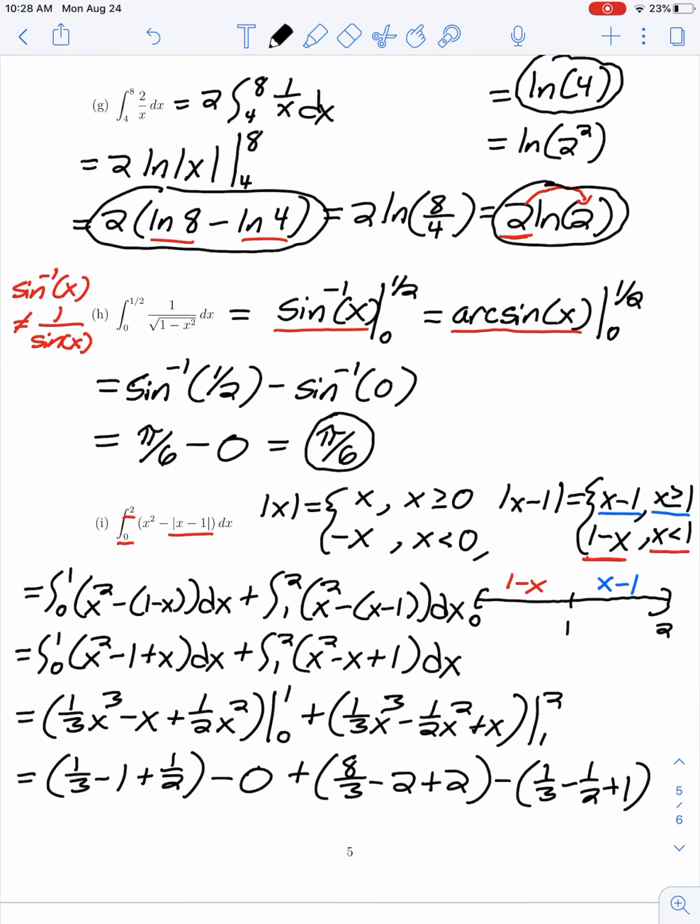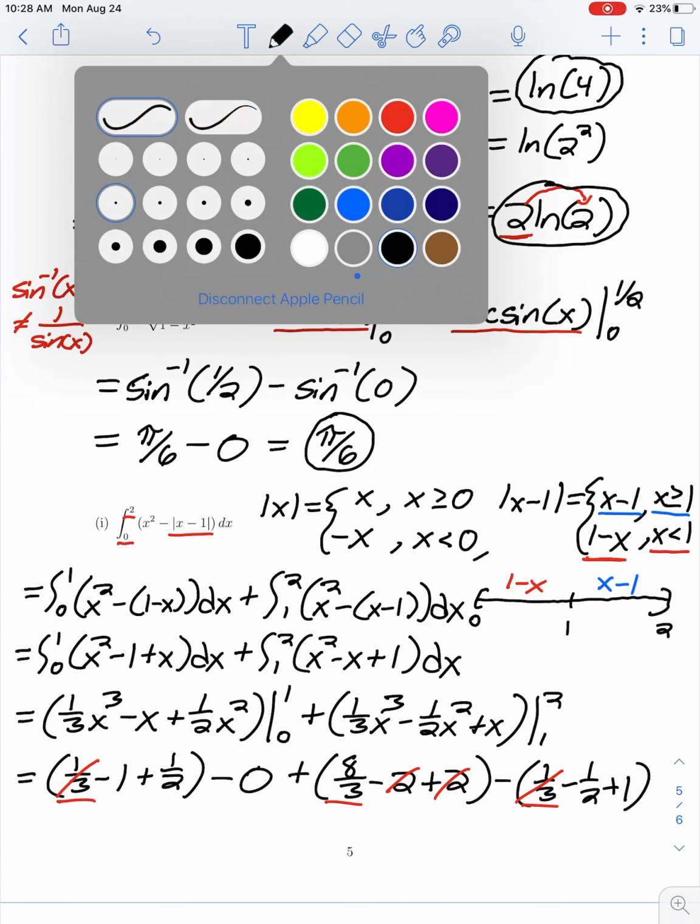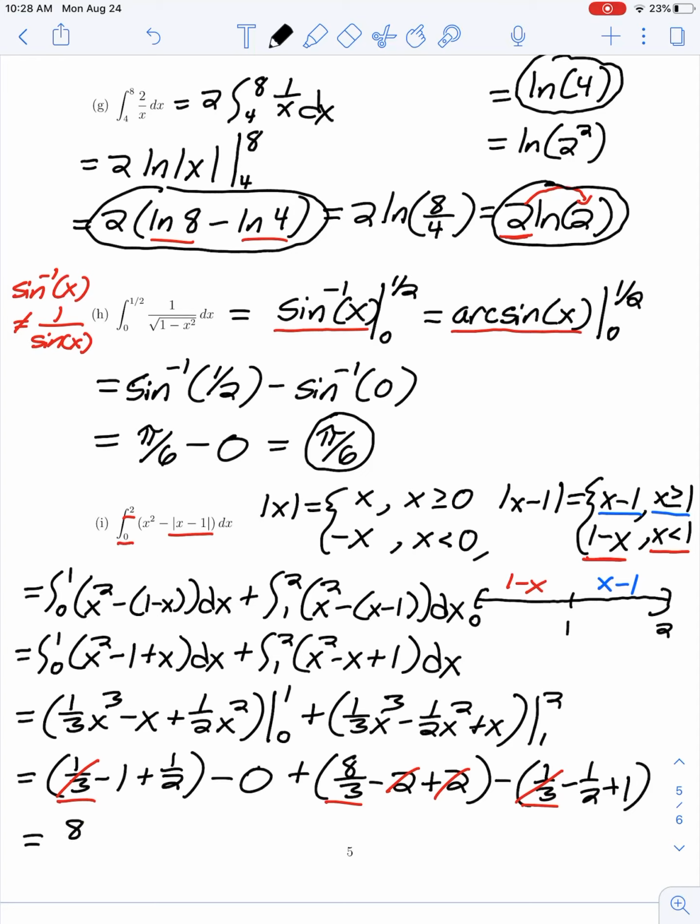So simplifying some like terms, let's see what we have. Here we had a negative 2 plus 2, which will cancel. Let's group our third terms. We have 1/3 plus 8/3 minus 1/3. So our plus 1/3 minus 1/3 cancel. That gives us 8/3.